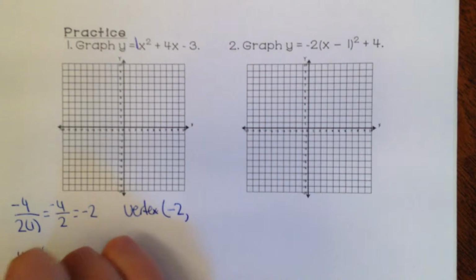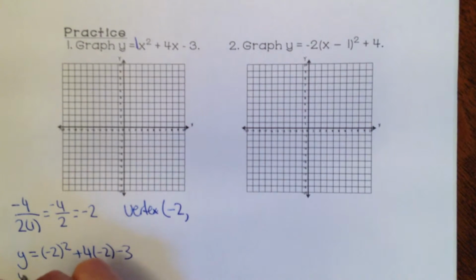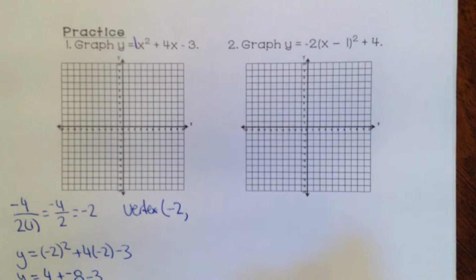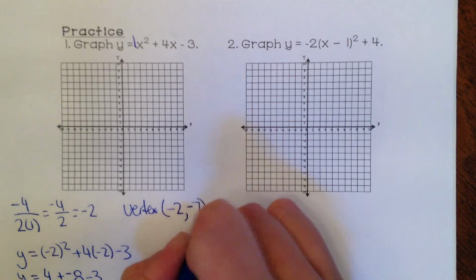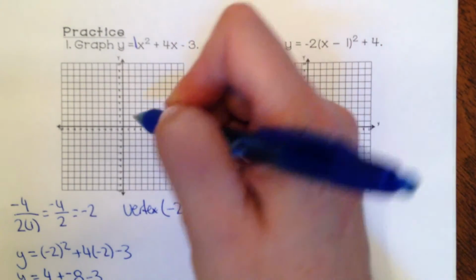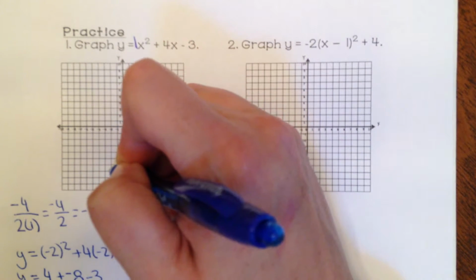Y equals -2 squared plus 4 times -2 minus 3. -2 squared is 4, plus 4 times -2 is -8, minus 3. So 4 plus -8 is -4, and -4 minus 3 is -7. So this is my vertex. X is -2, y is -7.